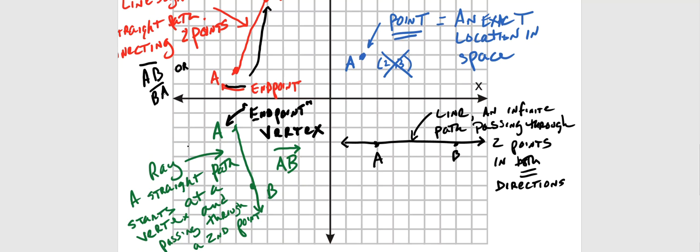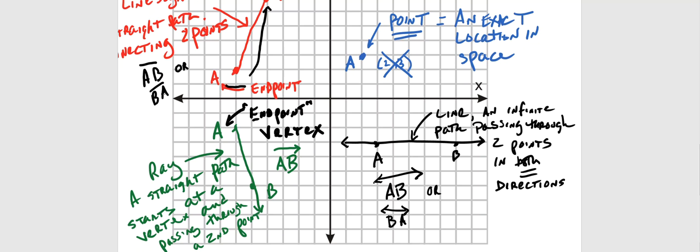So here we don't use the terminology of an endpoint or a ray. These 2 points happen to be on the line, and there's 2 ways we can name it. Because the 2 points on the line are AB, we can say AB with that line symbol, or just like the line segment, we can flip the order BA.